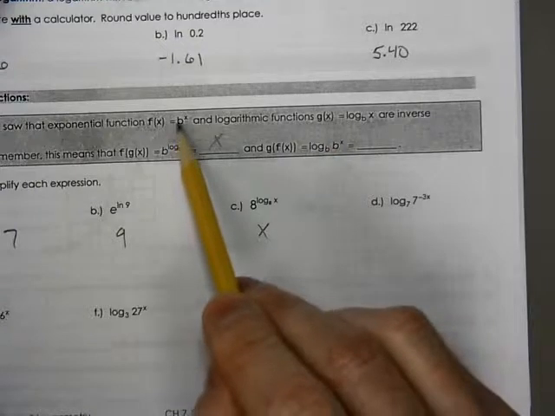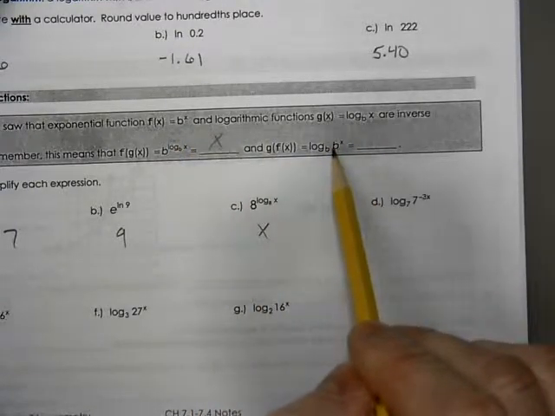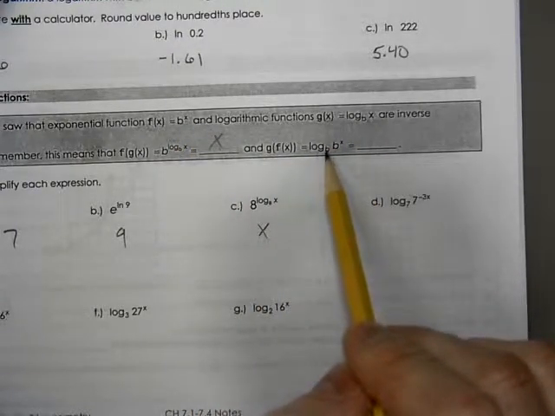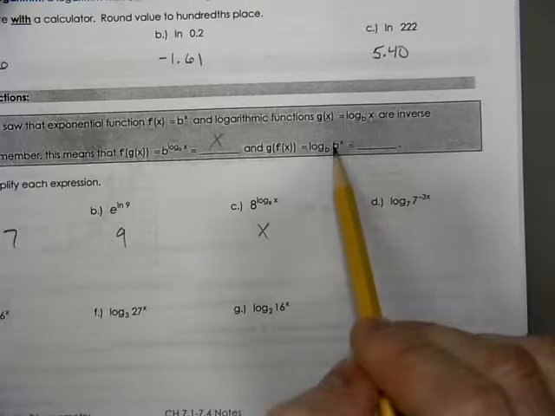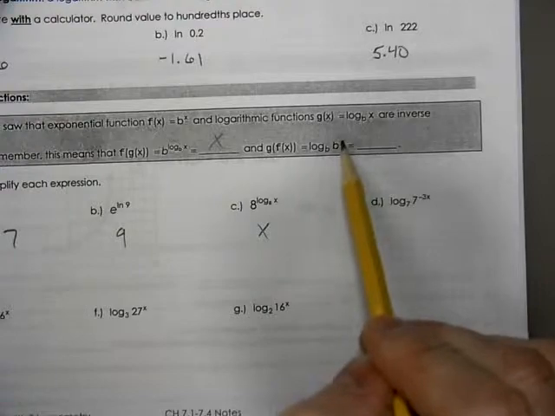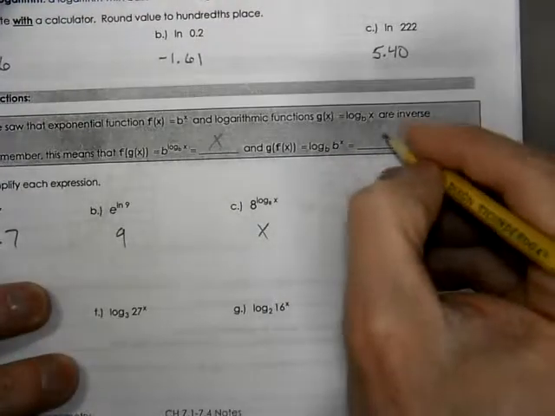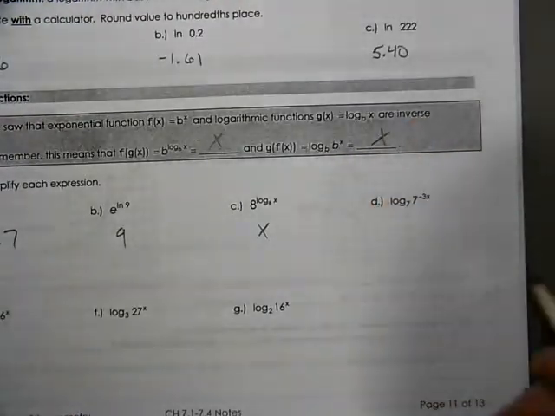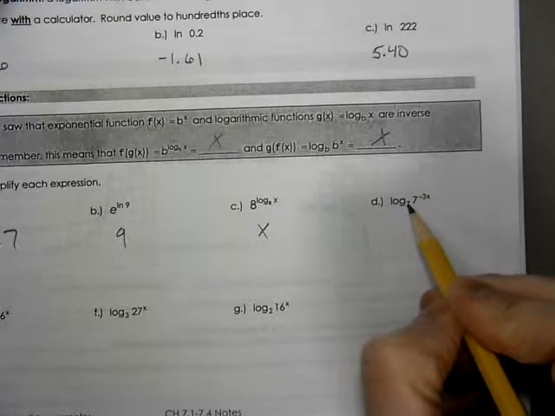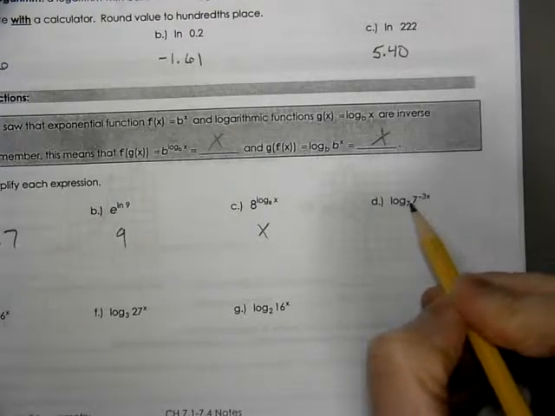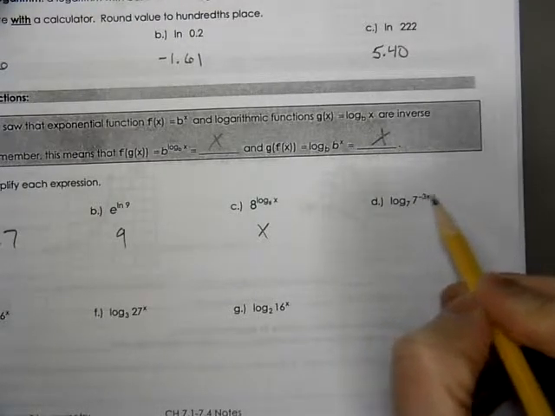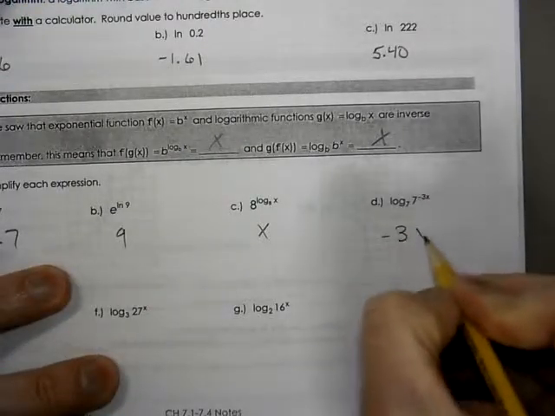Well, f of x is b to the x power. So if your logarithm base equals the base of what you're trying to take it of, then the exponent is the answer. We talked about that earlier. So the 7's match, so you know the exponent of that is going to be negative 3x.